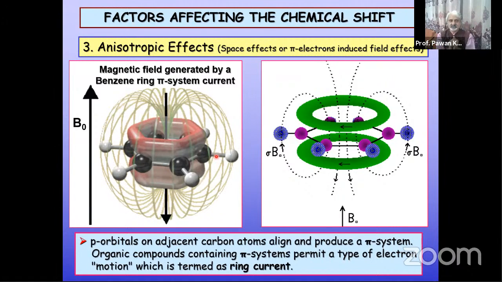Suppose an imaginary situation that our chemistry develops so much that we can put this hydrogen inside, then you can imagine what would happen. That this hydrogen would be directly in the line of the induced magnetic field, which is a strong magnetic field which is opposing at the middle. So which is in the opposite direction. That means this proton, if it is in the middle, would be strongly shielded, right?